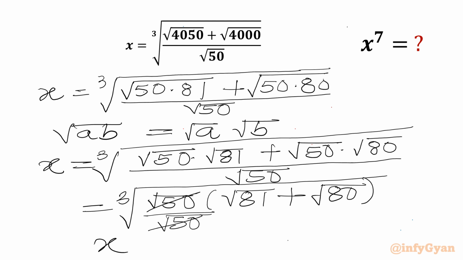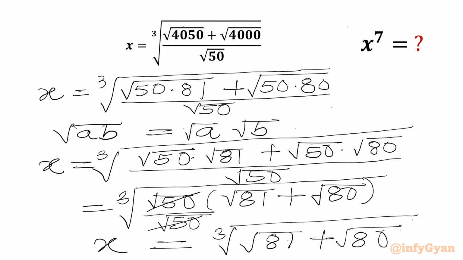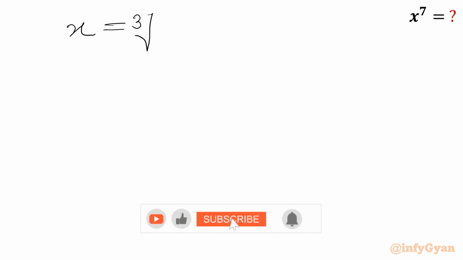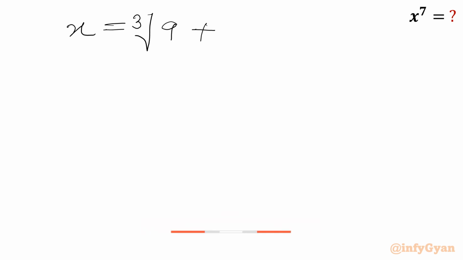We will get x equal to cube root of square root 81 plus square root 80. Now square root 81 is 9, and square root 80 would be 4 square root 5.